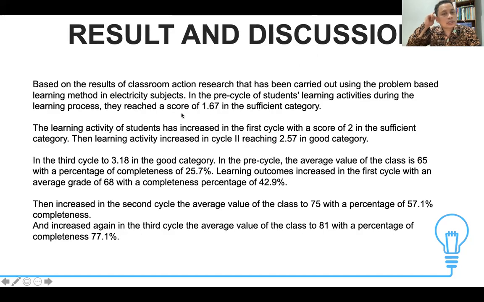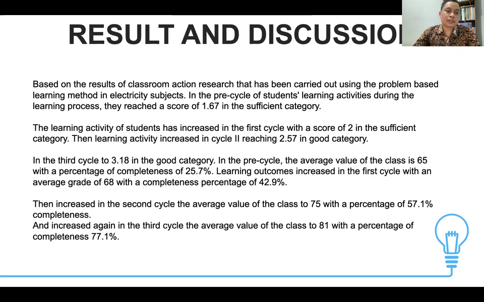Based on the results of classroom action research that has been carried out using the problem-based learning method in the electricity subject, in the pre-cycle, student learning activities during the learning process reached a score of 1.67 in the sufficiency category.